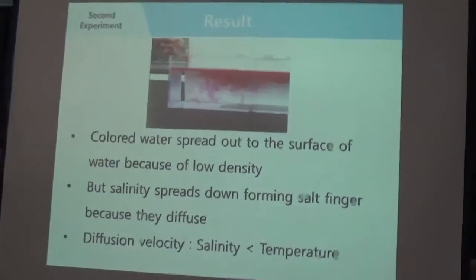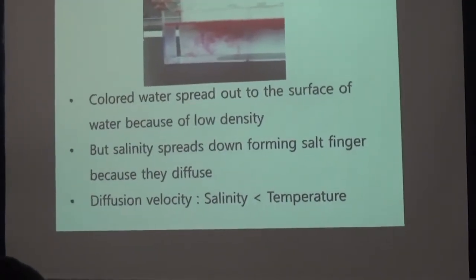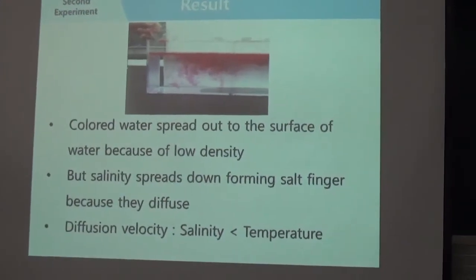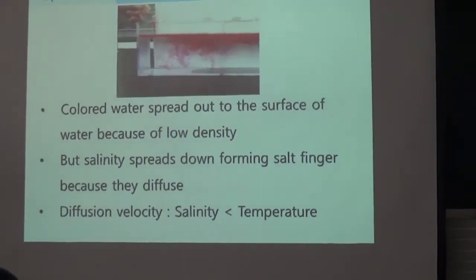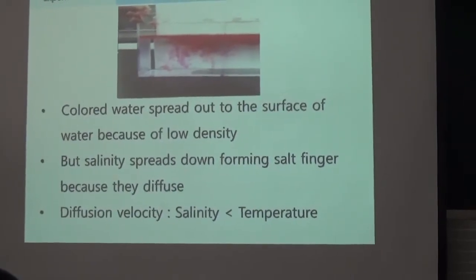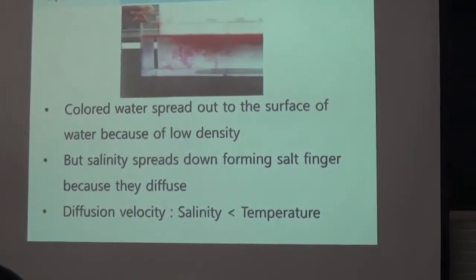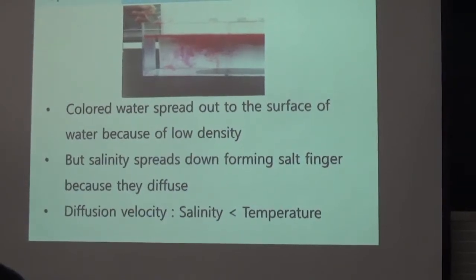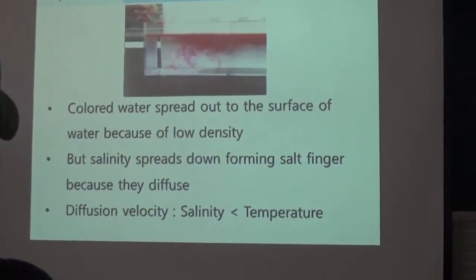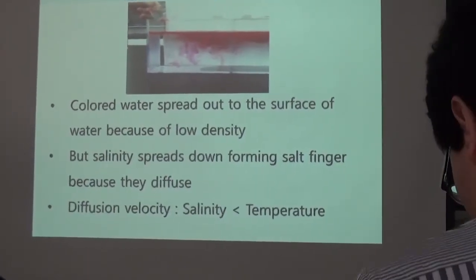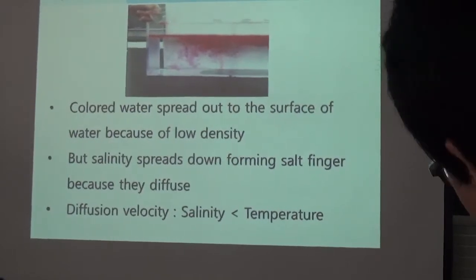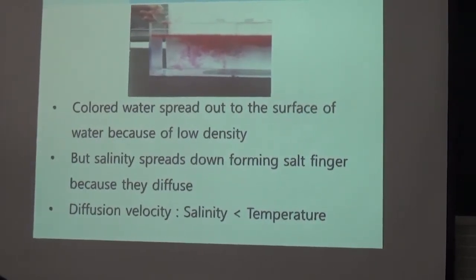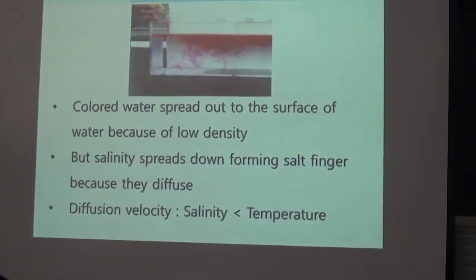As you can see in the video, the warm and salty water with red ink that has low density stays over the cold and fresh water. And because salinity spreads, it goes down, creating salt finger. By this, we can conclude that temperature spreads faster than salinity, and because of this speed difference, the instability increases and salinity sinks down.